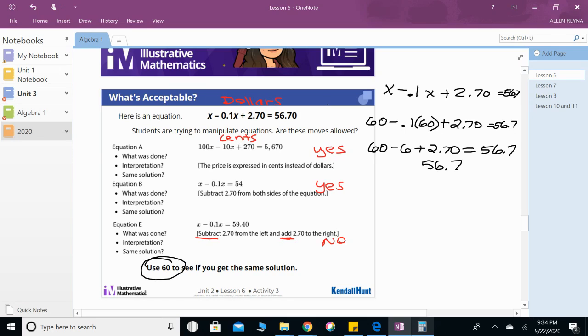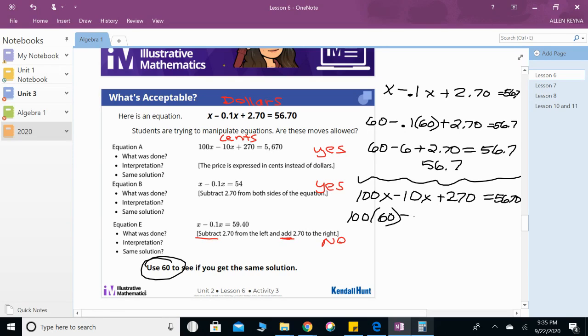Now we're going to try the next one. I'll draw a line. So 100x minus 10x plus 270 equals 5670. Okay, so 100 times 60 minus 10 times 60. Ooh, these numbers are much easier.